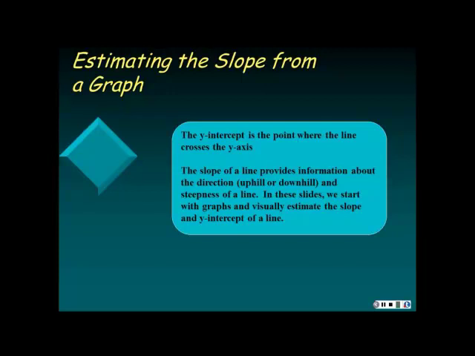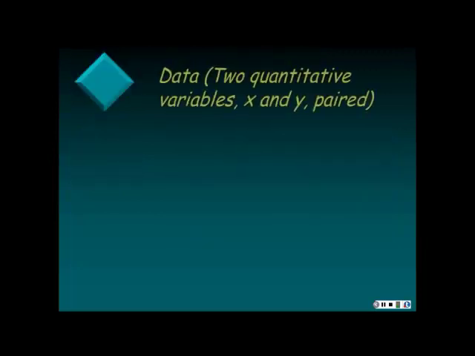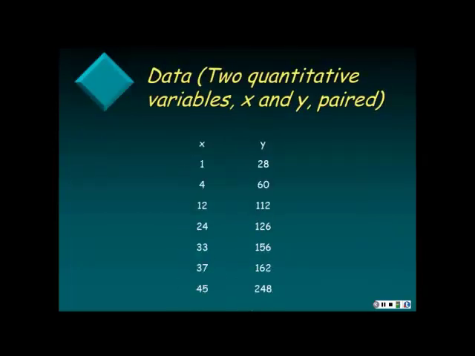So now we're just going to start with just a graph and get the y-intercept and the slope from that visually, with a little bit of drawing along the way here. So here's two quantitative variables, x and y. It just means each row of this is one element, one person or one product or whatever.